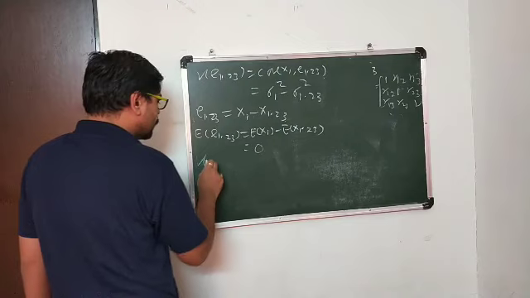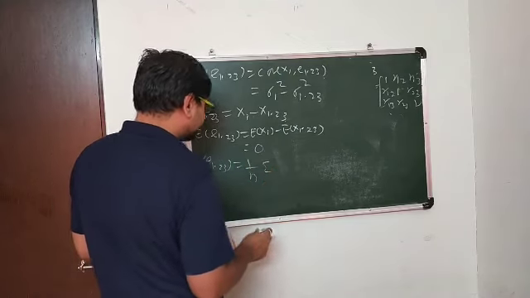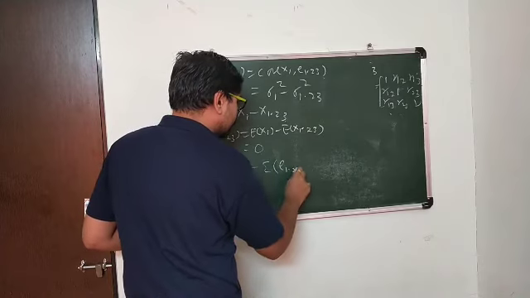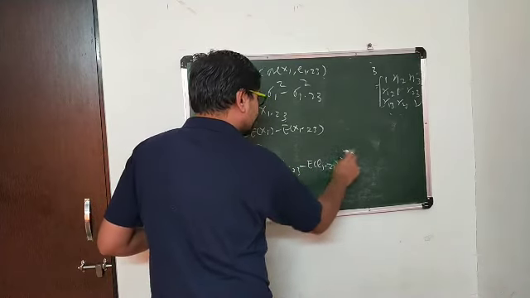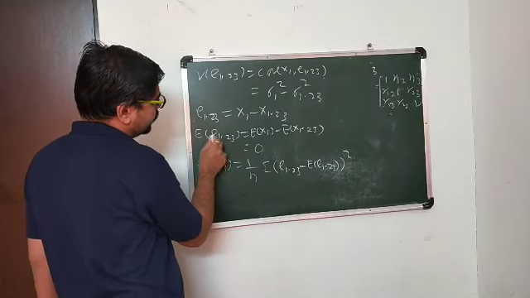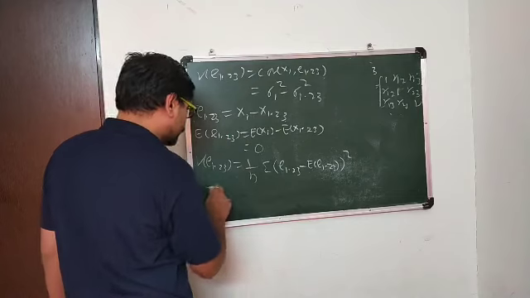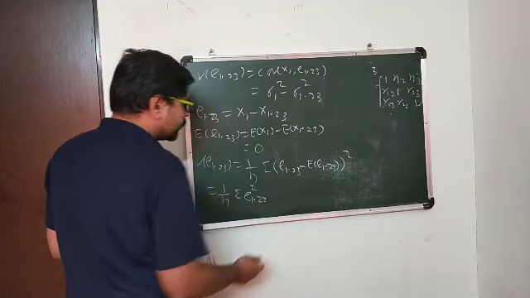So the variance of e1.23 is 1 upon n summation of e1.23 minus the expected value of e1.23, whole square. But we have shown that the expected value of e1.23 is 0. So it is 1 upon n summation of e1.23 squared.